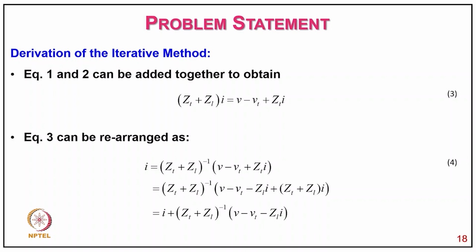This equation can be rearranged into I equal to (ZT plus ZL) to the power minus 1 into (V minus VT plus ZT into I), or equal to (ZT plus ZL) to the power minus 1 into (V minus VT minus ZL into I plus (ZT plus ZL) into I), or equal to I plus (ZT plus ZL) to the power minus 1 into (V minus VT minus ZL into I).